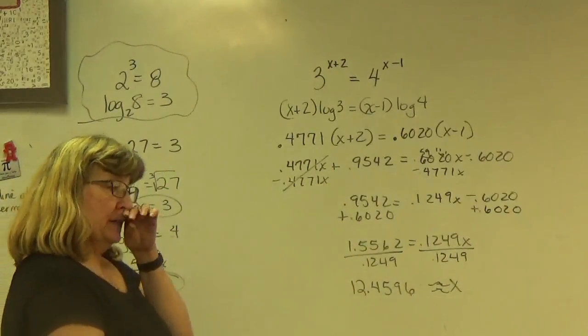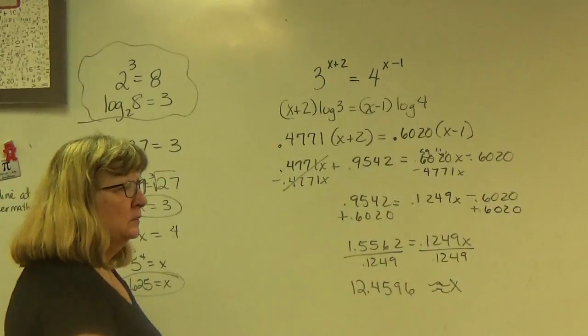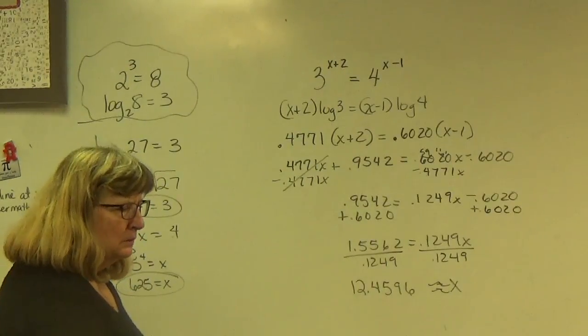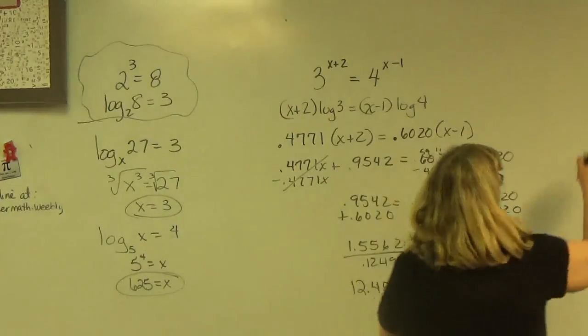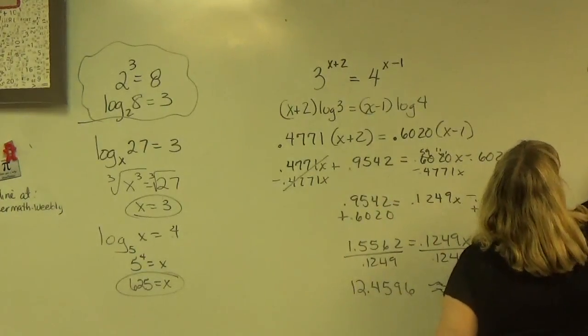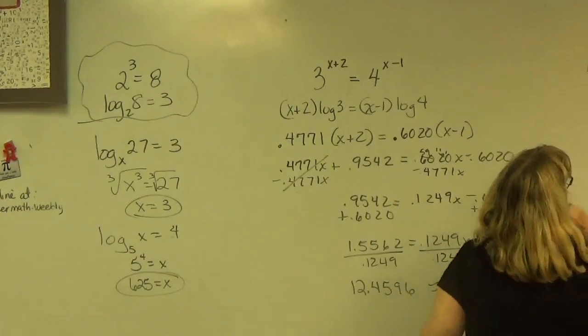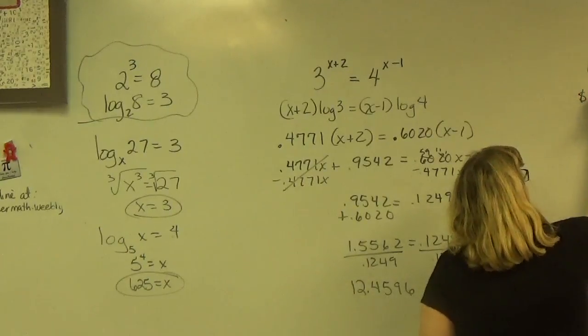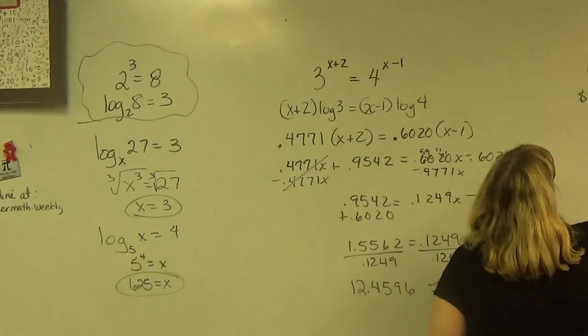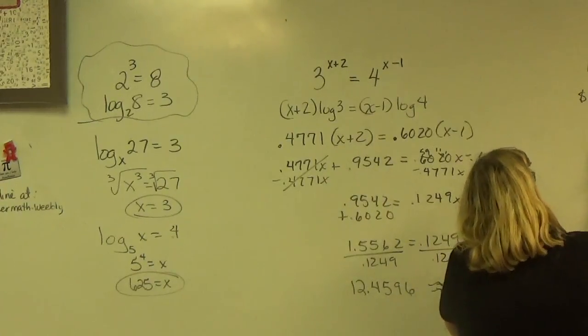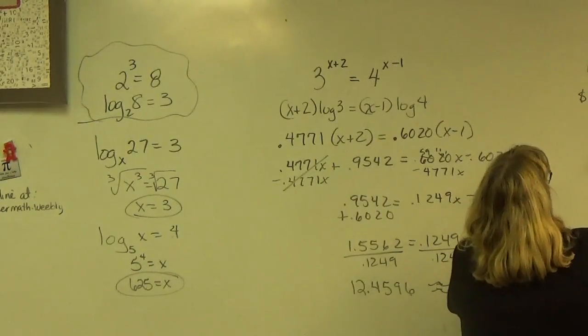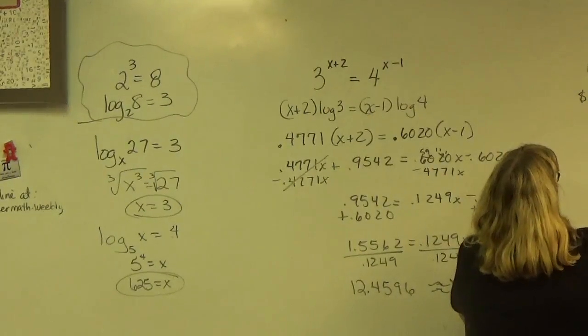Okay, what's next on the test? Compound interest. And the formula's on the test. Let's say I want to invest $1,000 at 8% interest, and I want to know how long I have to invest it until it's worth $3,000.